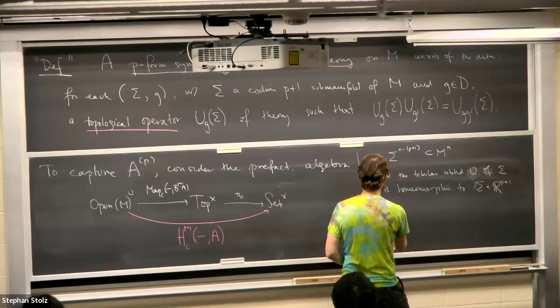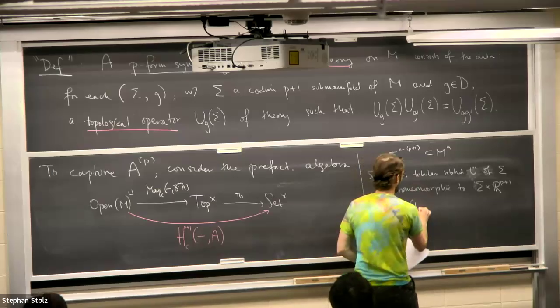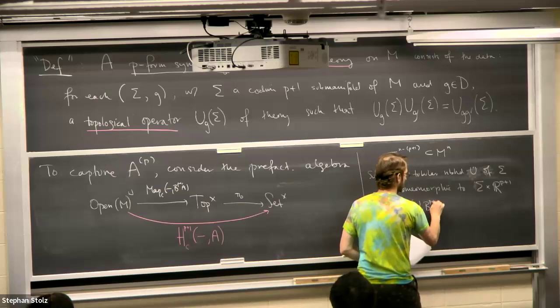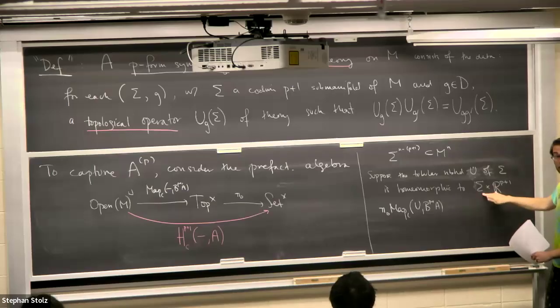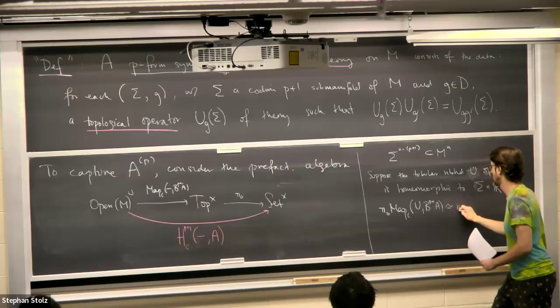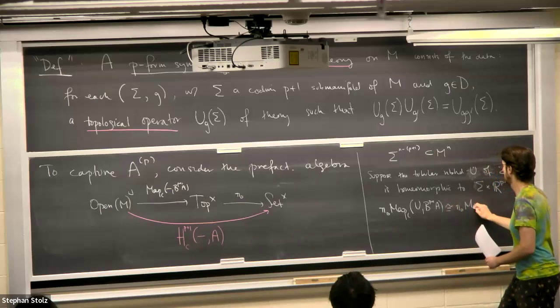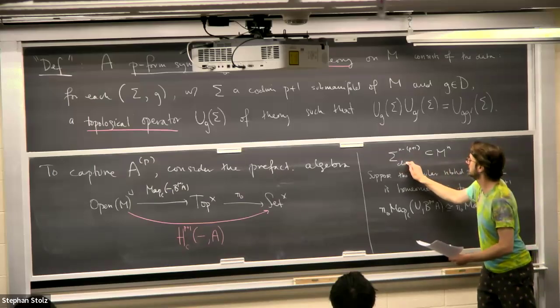Then compactly supported maps from U to B^{p+1} of A. Well, I can view U as this product, right? So I can think about it as a map from sigma cross R^{p+1}. I'm also assuming this is closed.